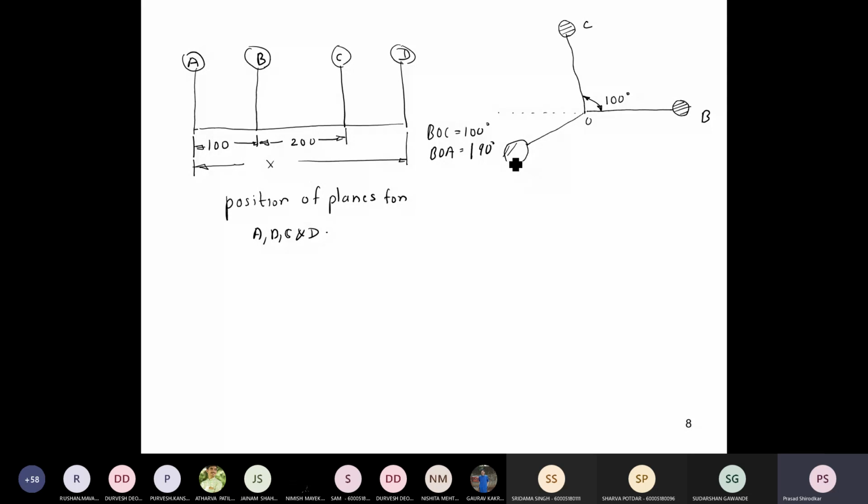Yes, it's visible now. Is it in sync or is there a lag? Write something so that we can see if there is lag. Sir, it's fine, sir.